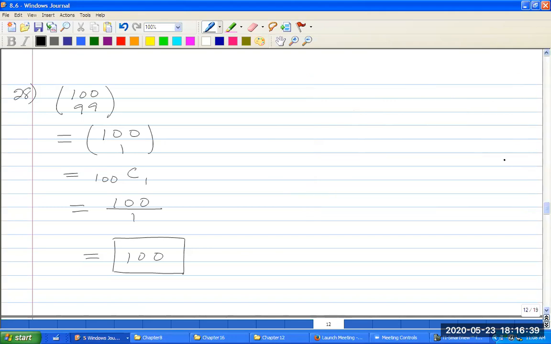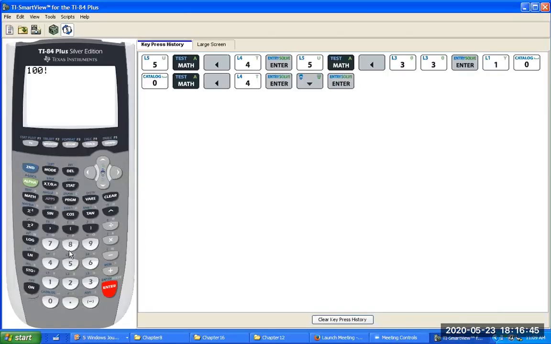So actually, I sort of lied, because you can plug this directly into the calculator. Clear. If you did 100, see if it gives me the last 0. Okay, it said a 0 there. Well, let's go to math, PRB, it's the third one down, and then 99.